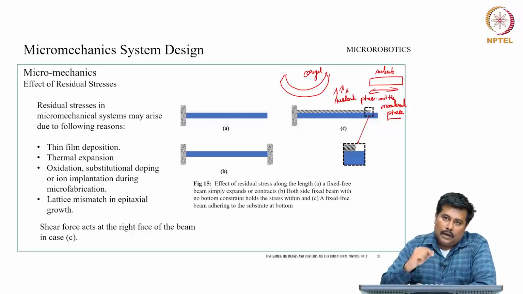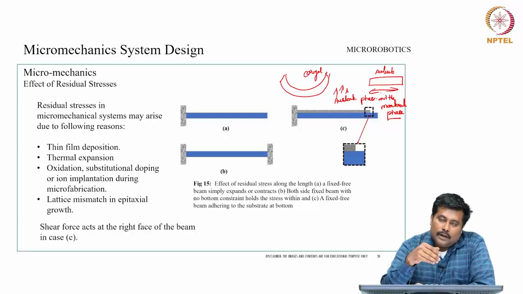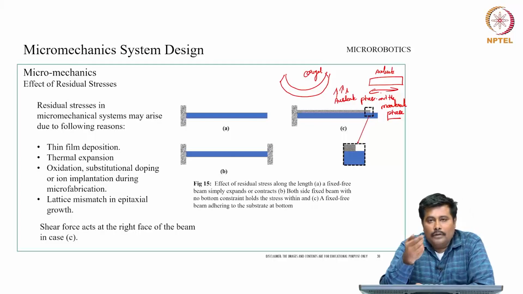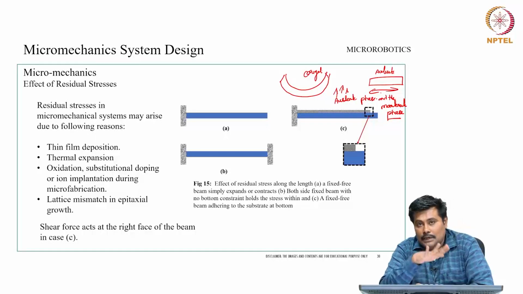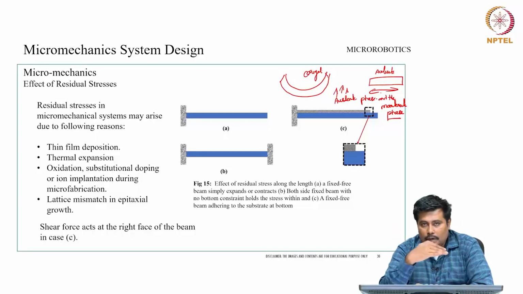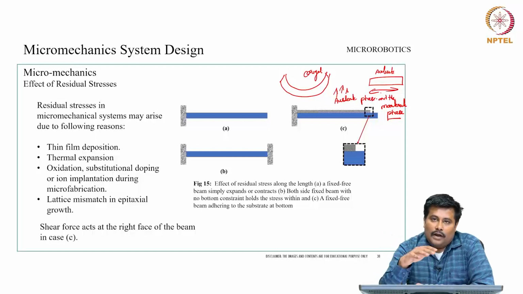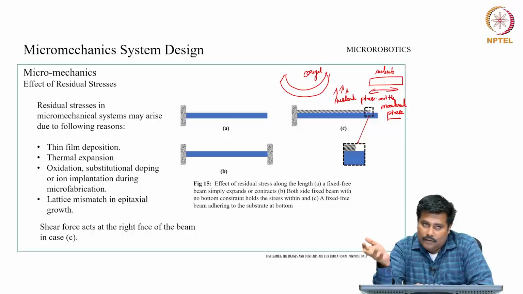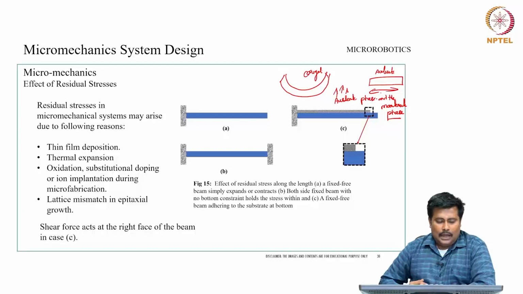Since we are already straining the Kapton polyimide, there is a chance of residual stress being imparted into it. When we heat and cool it, that is, actuate and deactuate for larger life cycles, slowly these residual stresses will build up, and finally it will end up in a failure. This is what we had discussed in the last class.